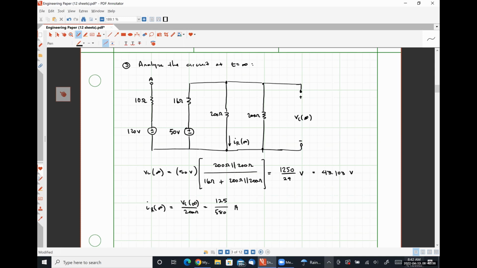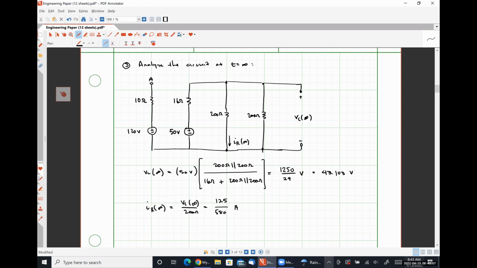We could have done a source transformation on the 50-volt source and the 1 kilo ohm resistor to get a single current source in parallel with 3 resistors, and then used current division to get current through the 200 ohm resistor. Or after doing that source transformation, we could have just done Ohm's law. So that current source multiplied by 16 ohms in parallel with 200 and parallel with 200 would have given us V. Lots of different ways to do it.